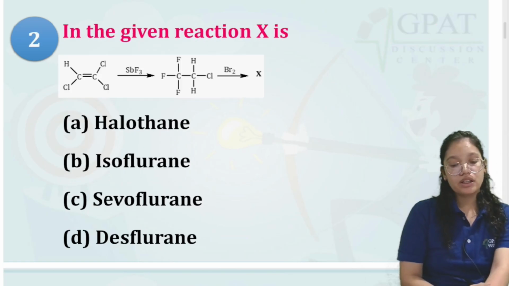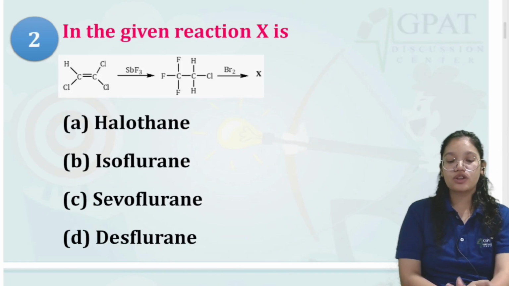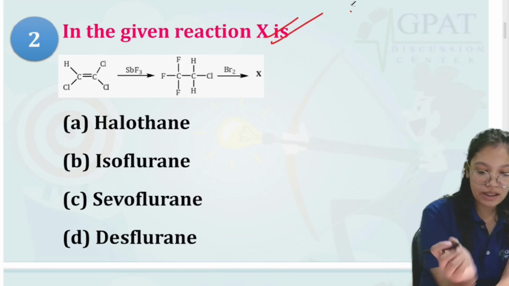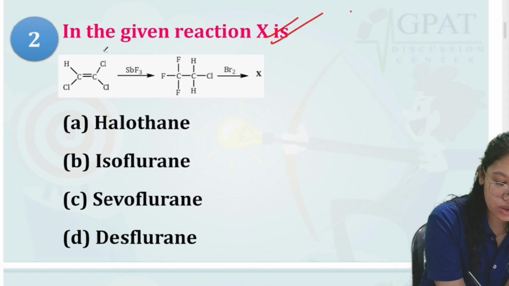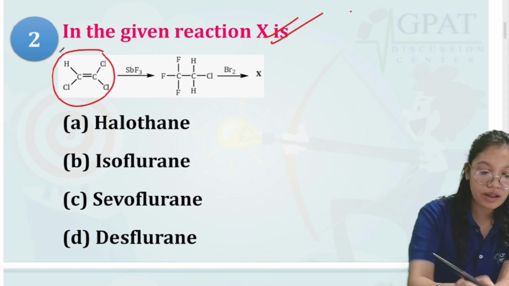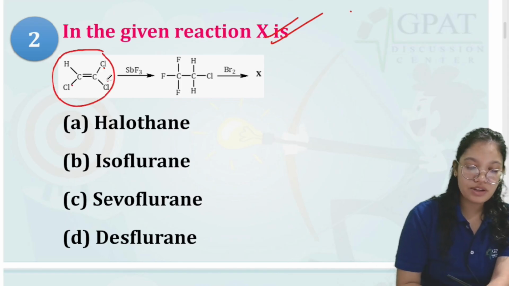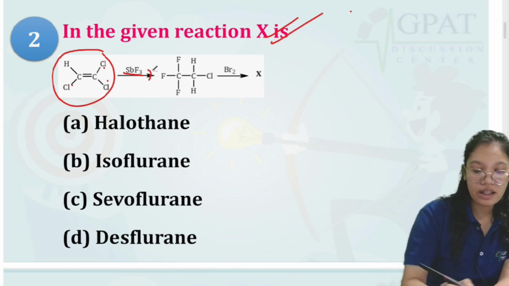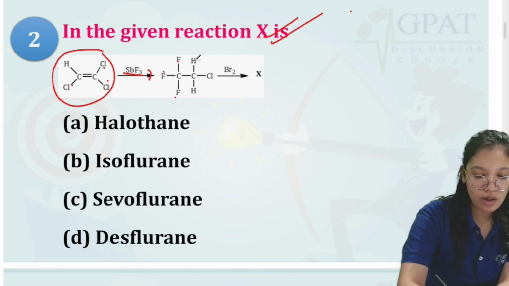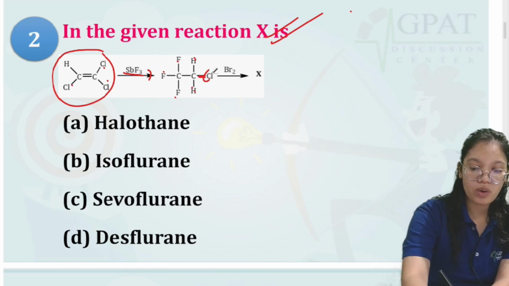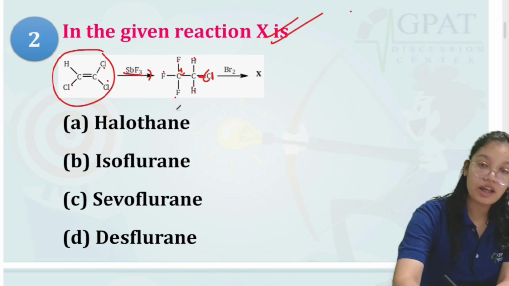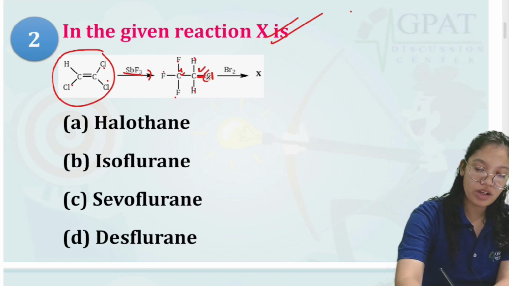Then the next question says, in the given reaction, X is. So basically let's see the reaction first. This is ethene. We have fluoro attached. Then in the presence of SbF3, it gives trifluoro and the hydrogen attached, and at the second position we have the fluoro. So at first position we have trifluoro and at second position we have one fluoro group.